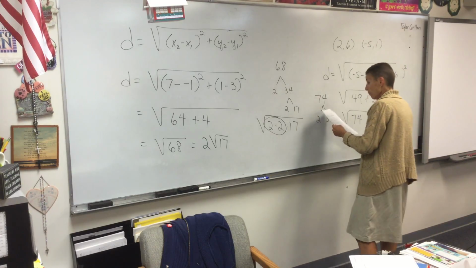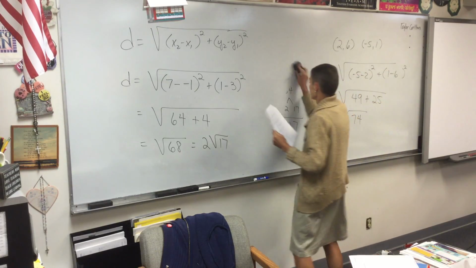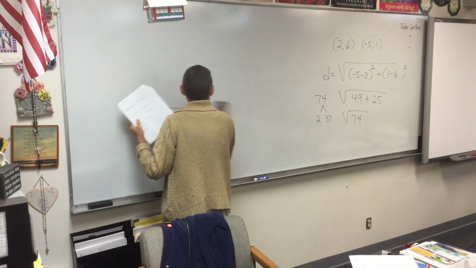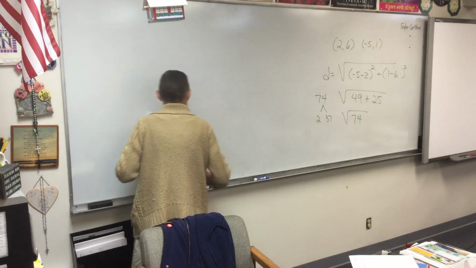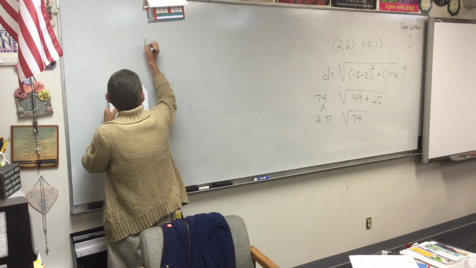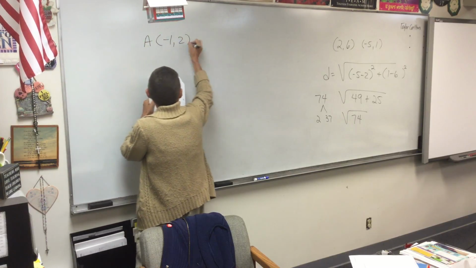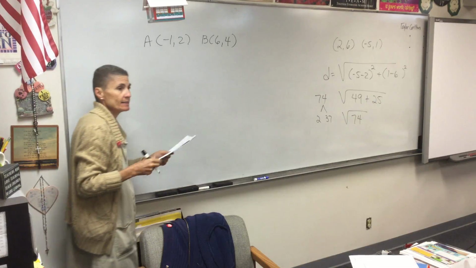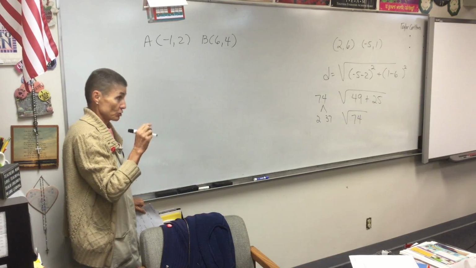We have 2 points. And we are going to find the distance between them. Or no, we're going to find the midpoint, the point that's right in the middle of them. Does anybody have any idea how to do this? You've done it before.